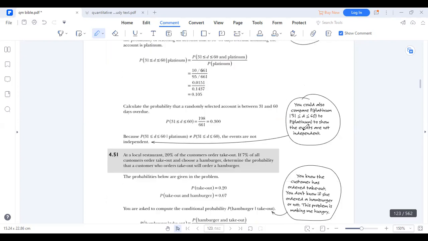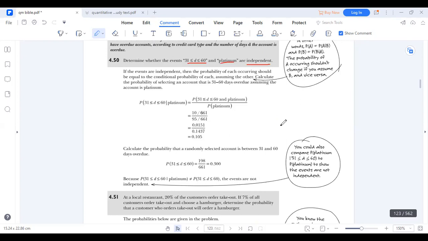So the probability of 31 to 60 given platinum, you are getting 0.105. Here the probability that a randomly selected account is between 31 and 60 days overdue is 0.3. So these probabilities are not equal.